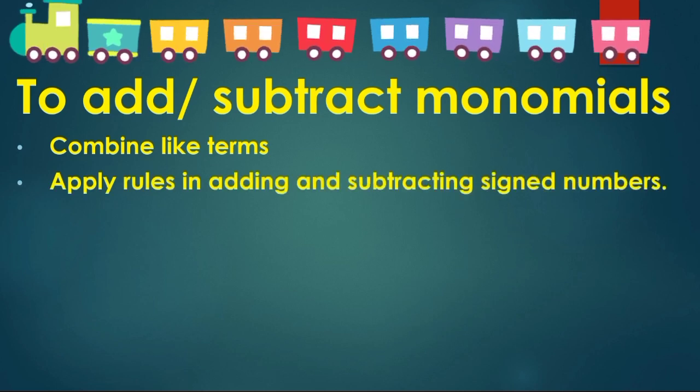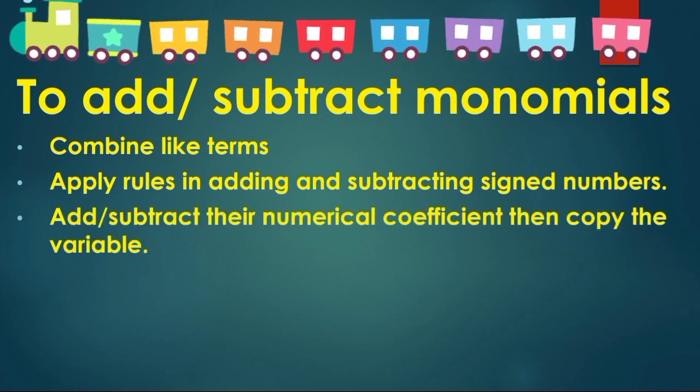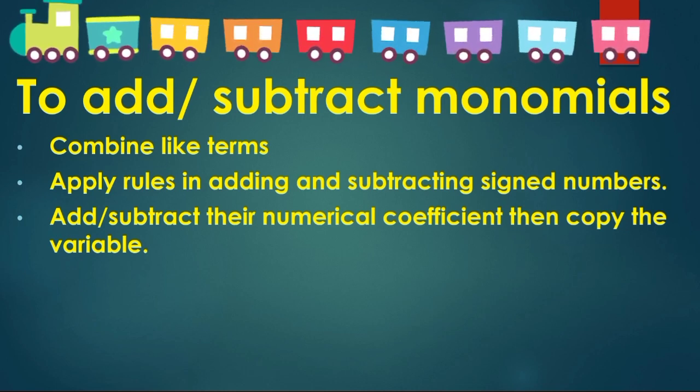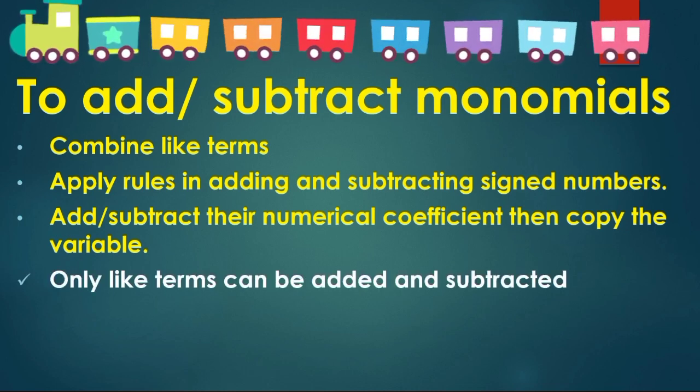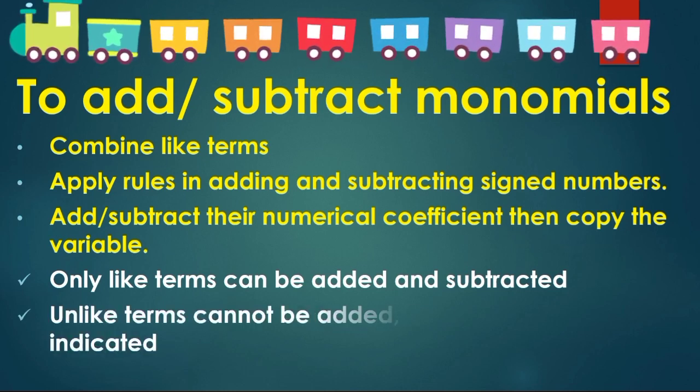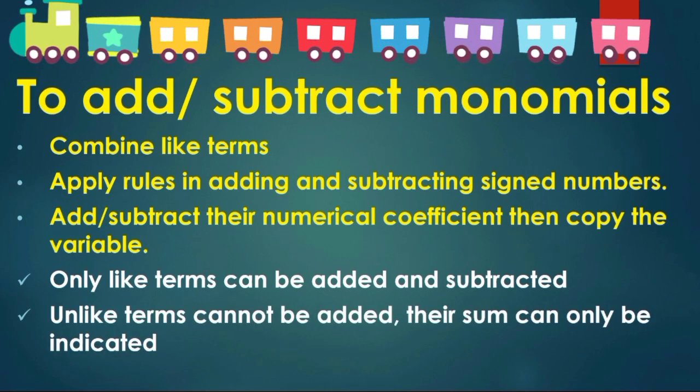Next, apply the rules in adding and subtracting signed numbers. Next, add or subtract their numerical coefficient, then copy the variable. Remember that only like terms can be added and subtracted. Unlike terms cannot be added, their sum can only be indicated.